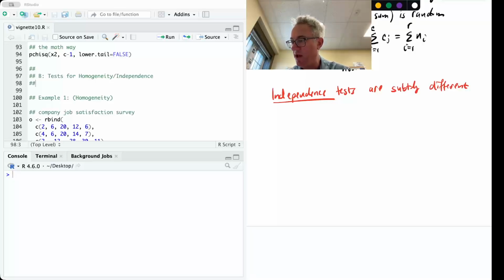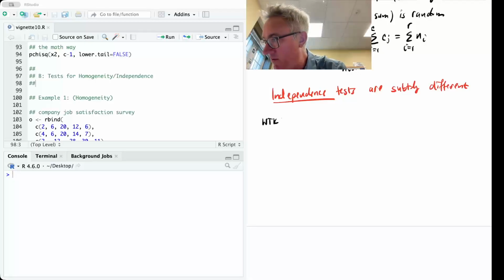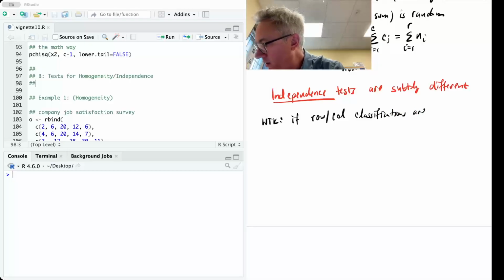I'm going to switch back to black here because I think that looks better, but I'm really talking about independence tests. So what we want to know is if the row and column classifications are independent of one another.